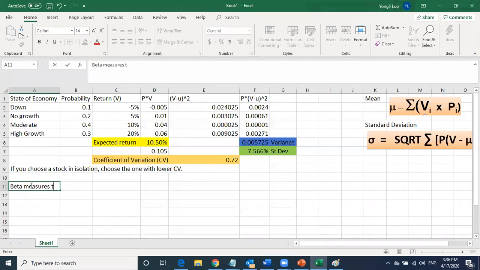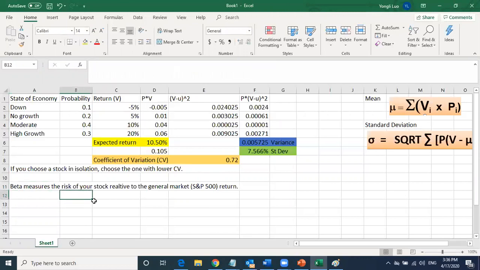Beta measures the risk of your stock relative to the general market. We use market return because you don't know what a general market is, and we typically use the SP 500 index.